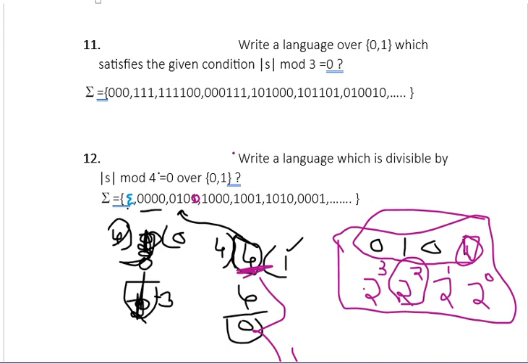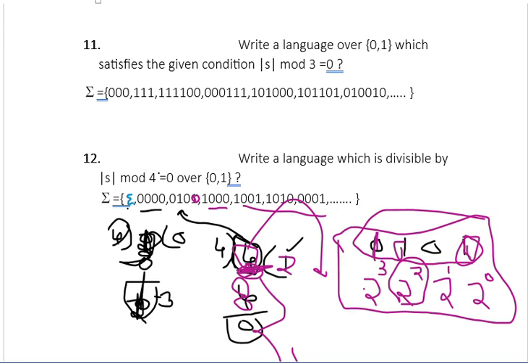Again, with 8 also, we can get the remainder as 0. 4 twos are 8. How do we represent 8? 2 power 3, which means at the fourth position we have to keep 1, and the remaining places can be filled with 0. So this is the number. Similarly we can form the remaining strings also. In this way we have to solve this question.